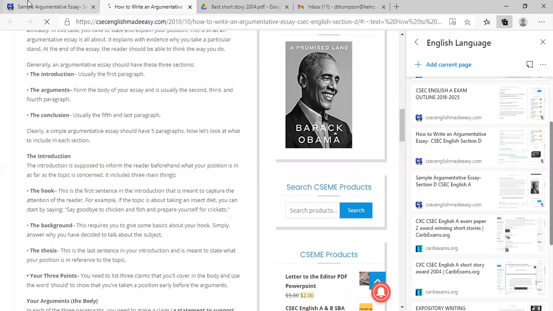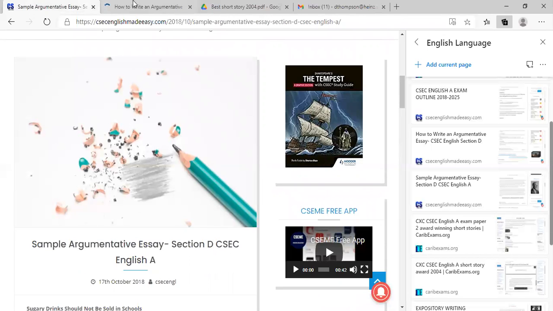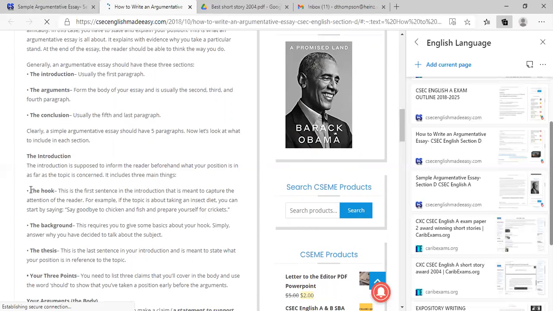When you get the sentence, sugary drinks should not be sold in schools, the first thing you need to look for is a hook. One sentence that is meant to capture my attention about sugary drinks and why they should not be sold in school. For example, you can start by saying, say goodbye to sugary drinks and prepare yourself for a healthy lifestyle, something like that.